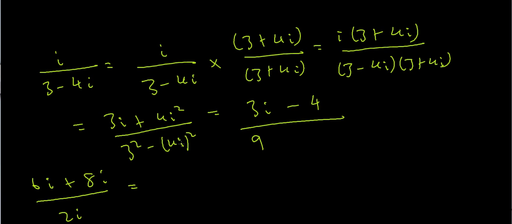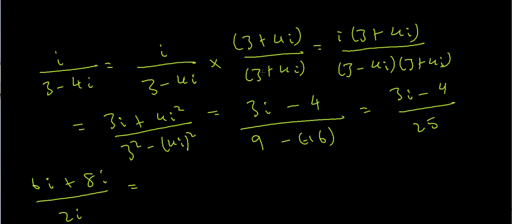And 4i squared, well, 4 squared is 16, i squared is minus 1, so 4i all squared is minus 16. And minus minus 16 is, of course, 16. So this is just 3i minus 4 over 9 plus 16, which is 25. By the way, you could rewrite this as minus 4 plus 3i if you wanted to keep the a plus bi order. It's not really necessary, but you can do that if you want to.